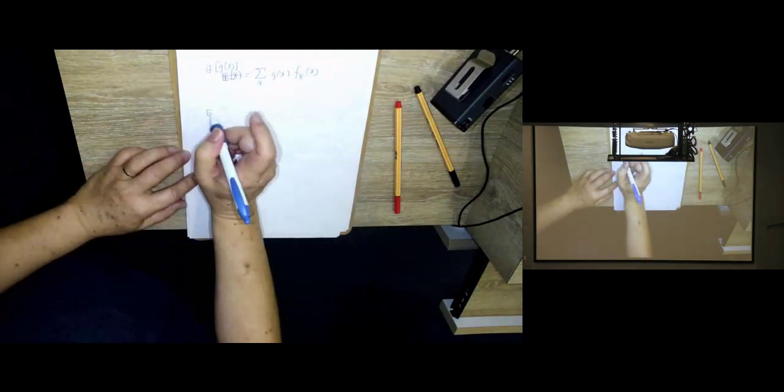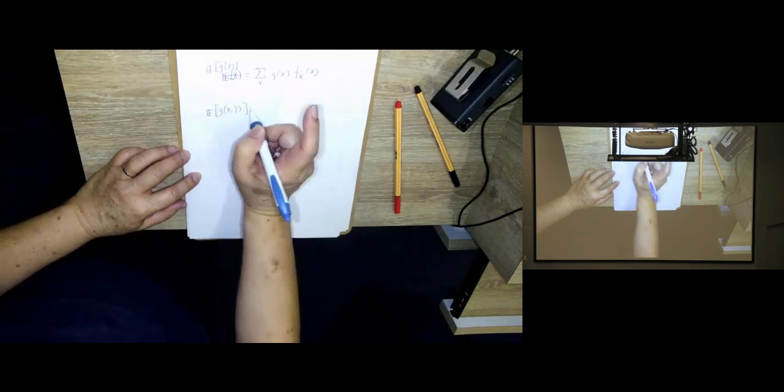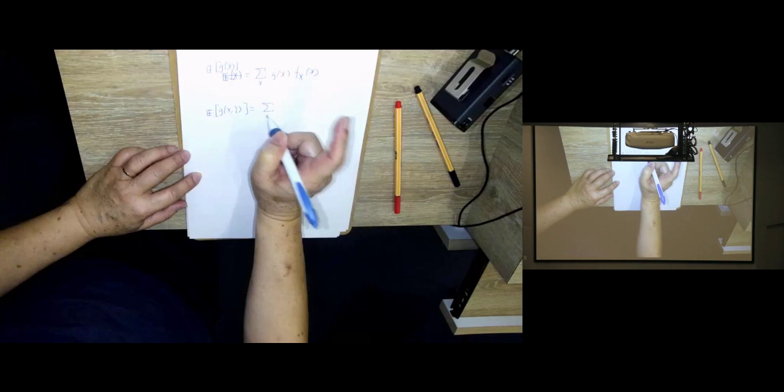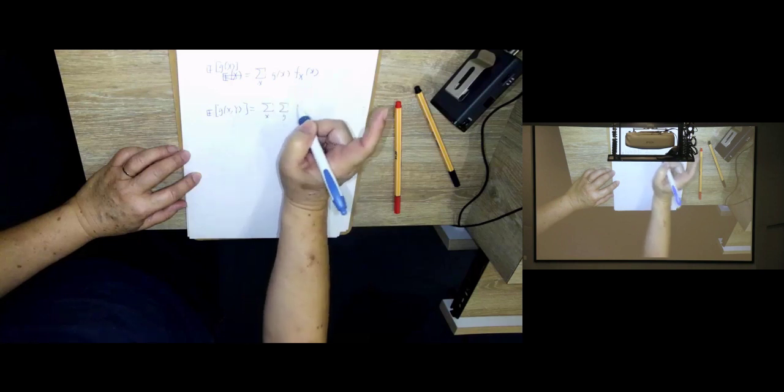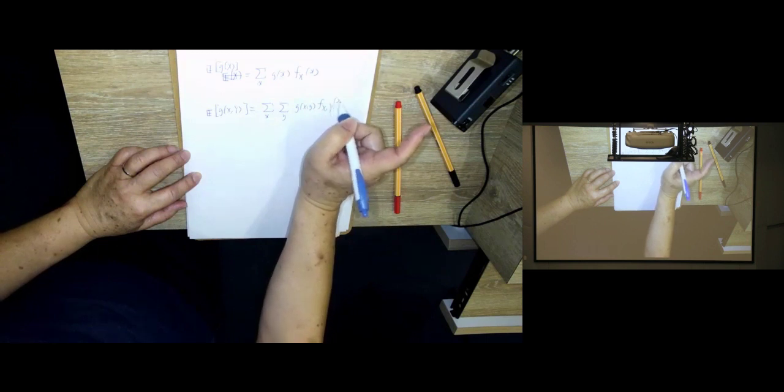And here, if you have two variables, then of course you have to sum over x, sum over y. All right, so this is it.